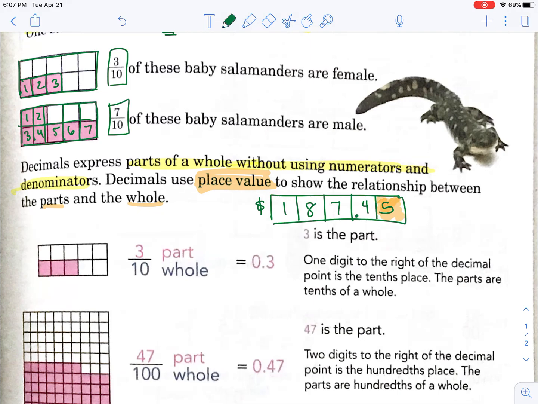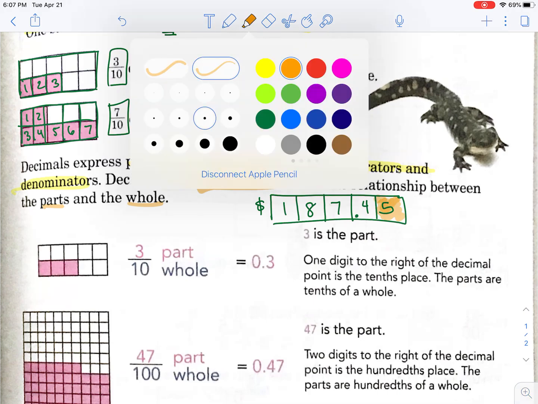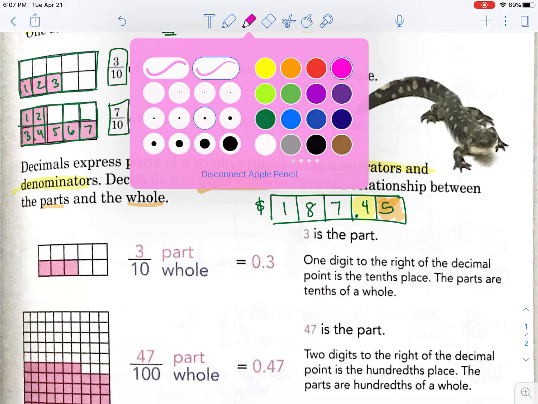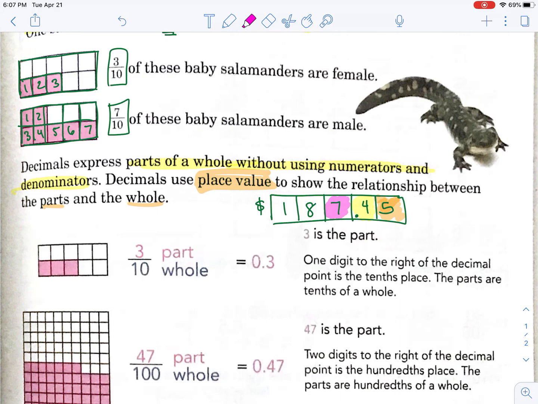That would be like 5 pennies. Then we have how many tenths? How many dimes? 4/10. How many $1 bills? 7 ones. If we only had $100 bills, $10 bills, $1 bills, dimes, and pennies.